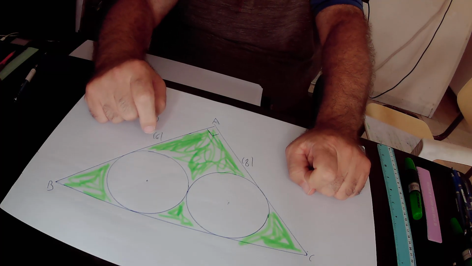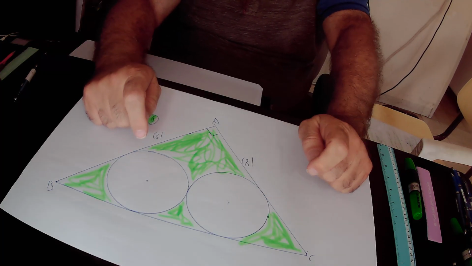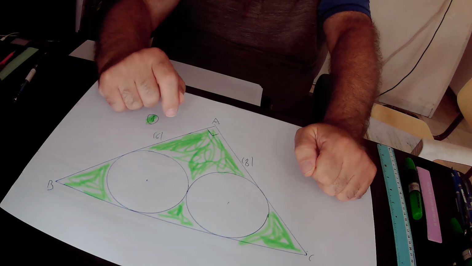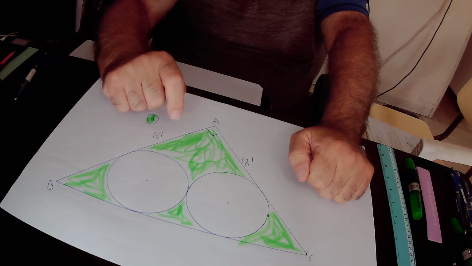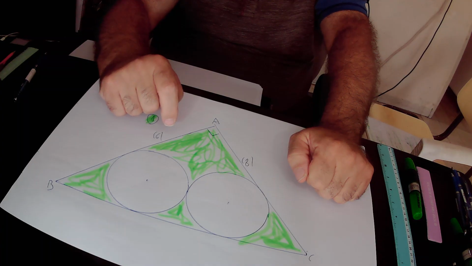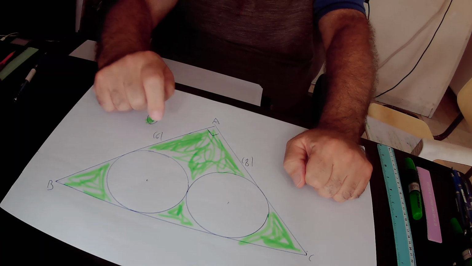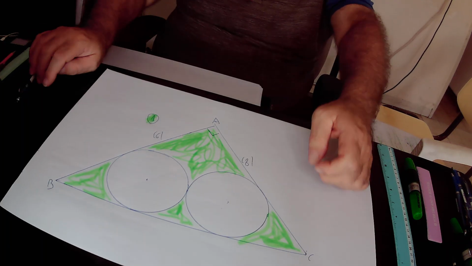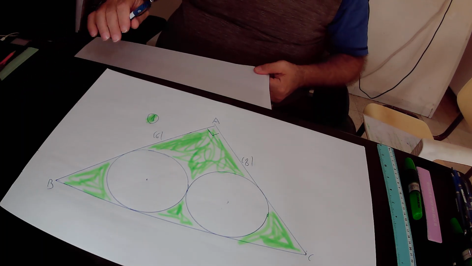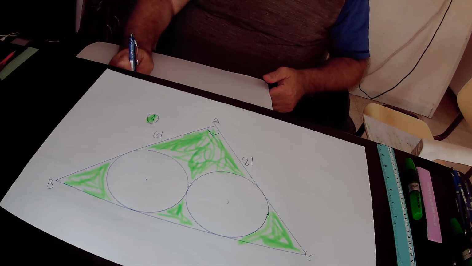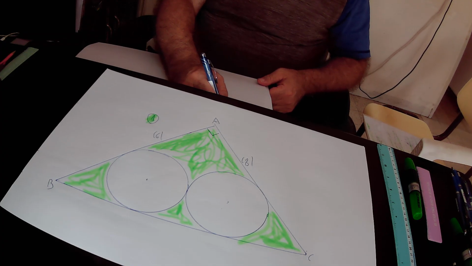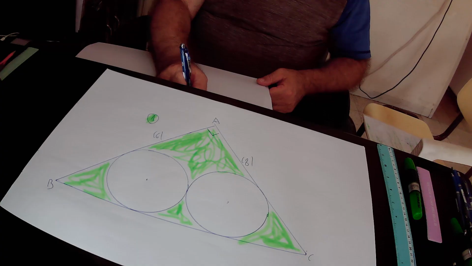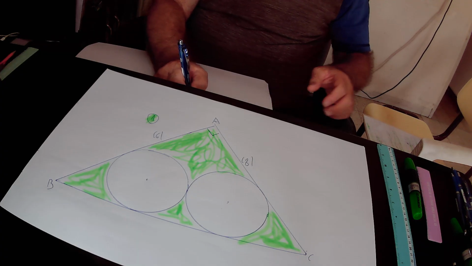Inside this right triangle ABC, we have two identical circles. Again, our task is to find out the area of this green shape. First of all, we'll find the hypotenuse BC of the right triangle ABC.